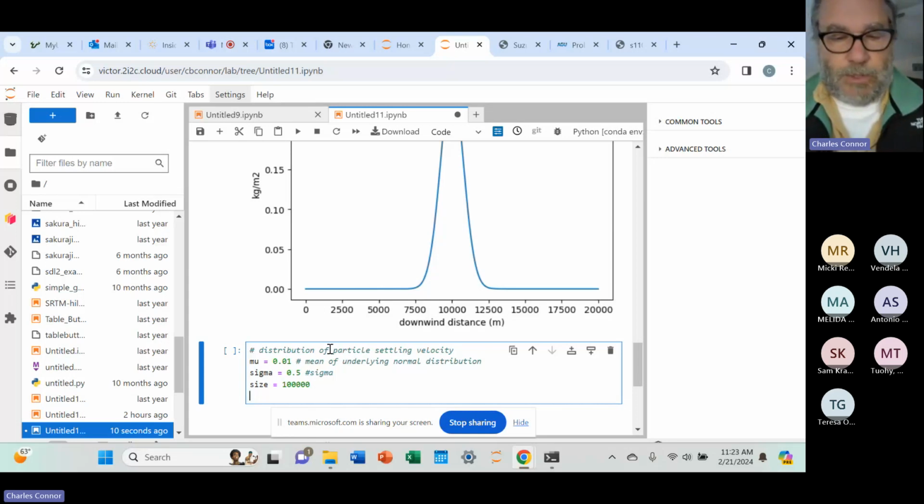Okay, so let's just say this is my settling velocity distribution.